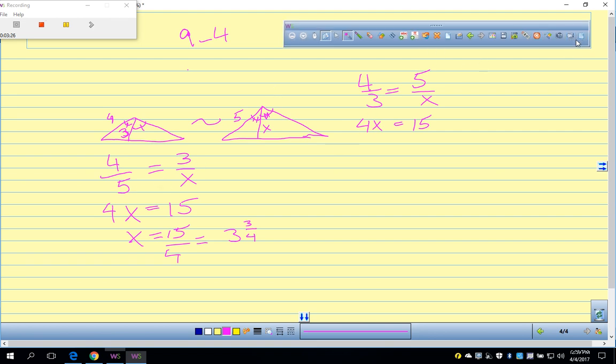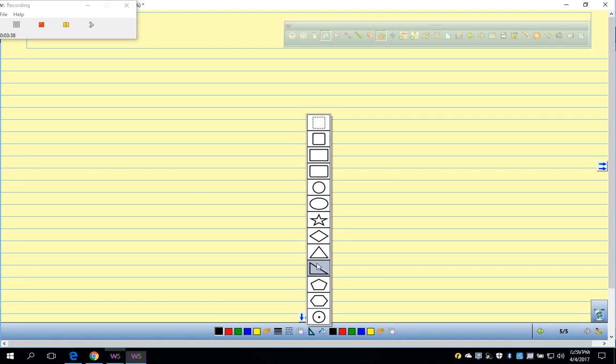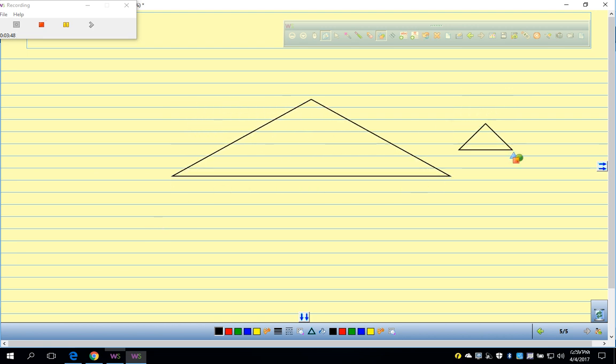So let's just do another one. Let's try to draw a better triangle this time. Let's make any triangle. Here's a triangle. Here's another triangle. Well, let's do it upside down and backwards.